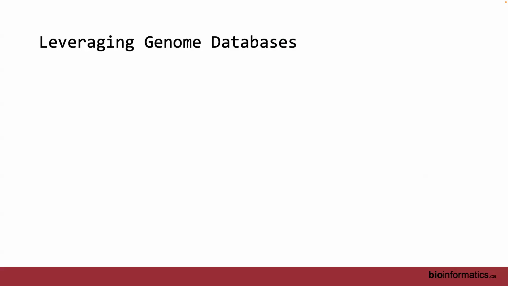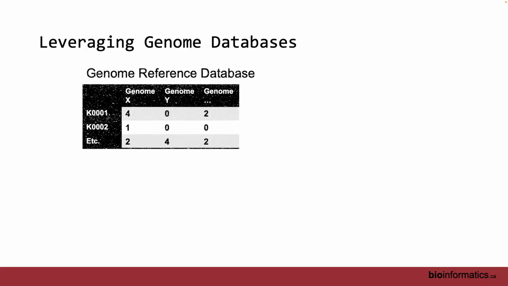Okay, so the whole idea from PICRUSt or other methods that try to do this is that we use all that information we have from reference genomes, right? We've sequenced a lot of bacterial genomes, and we know in theory what genes are within those and what pathways those genes belong to. And we can imagine a table where we literally represent each gene family of interest. I've listed KEGG orthologs here, which if you don't know what those are, it doesn't even matter.